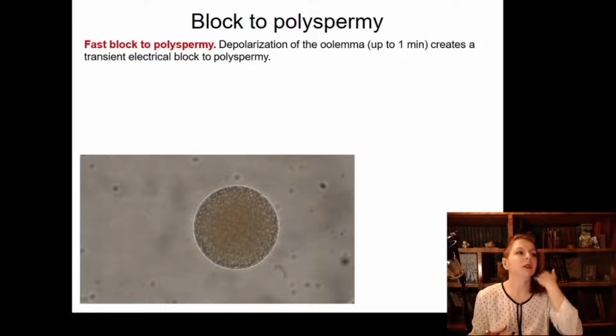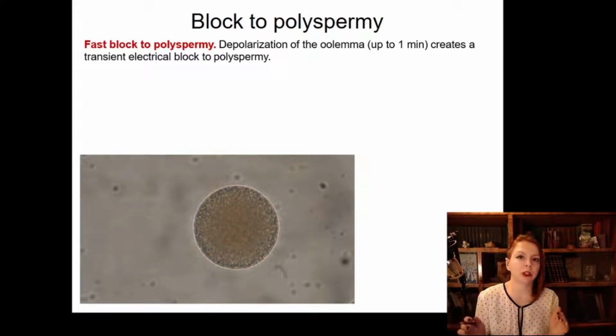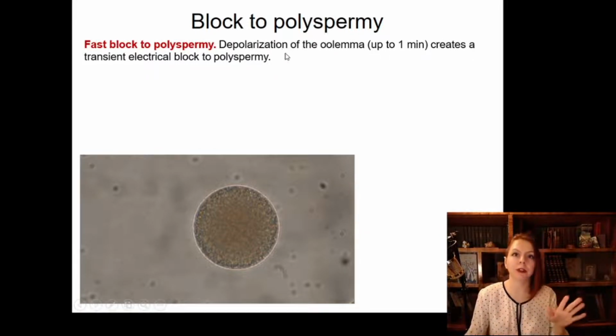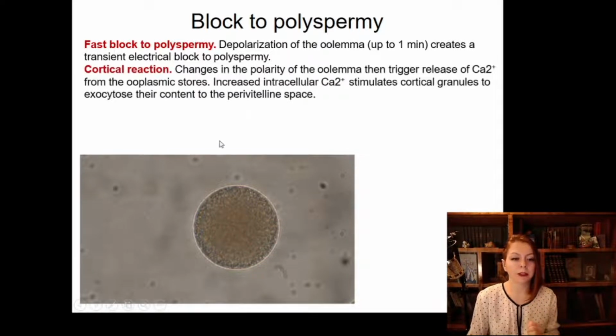reaction. The first one is depolarization of the ovulema, so it is called the fast block to polyspermy. Just after one has entered, depolarization deters other spermatozoa. Second is the cortical reaction. Due to depolarization in the oocyte, calcium increases in its concentration, and it results in the exocytosis of cortical granules.